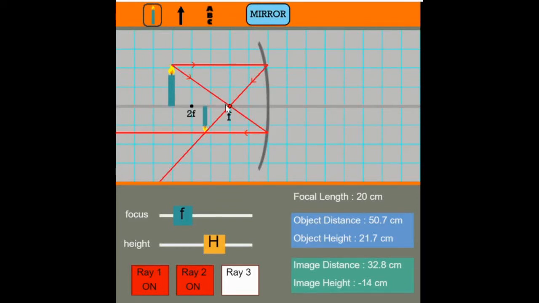It is formed between the focus and the center of curvature, that is, between C and F. And what are the characteristics of the image? Inverted and diminished, as well as a real image. Now we will try an R3 diagram for this. See, this is the R3 ray.